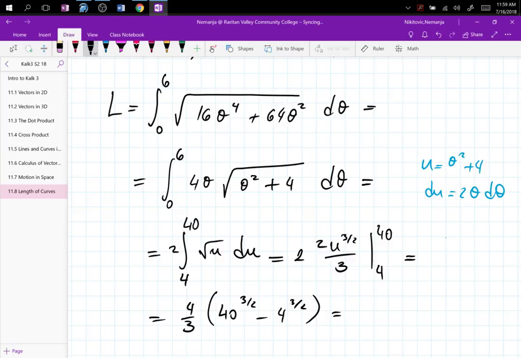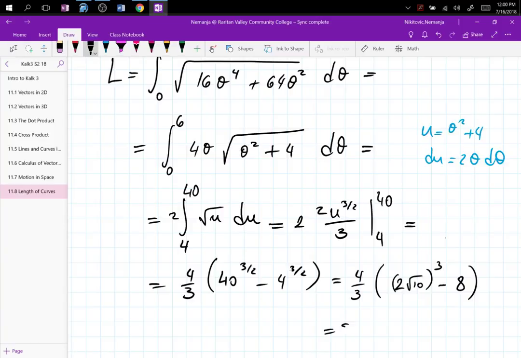And we have 4/3. Now, square root of 4 is 2, so that's 2 root 10 raised to the 3 minus 8. And that's equal to some decimals over here. If you are interested, just do it. But that's the exact answer.